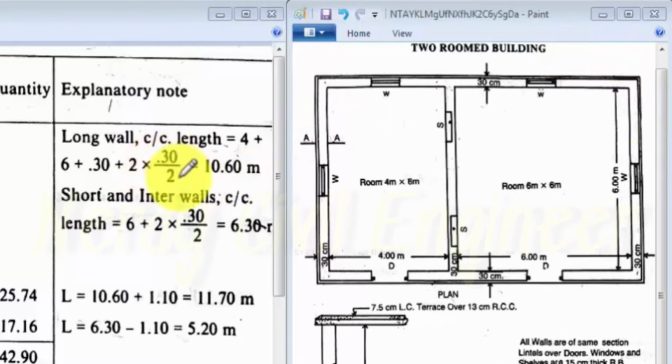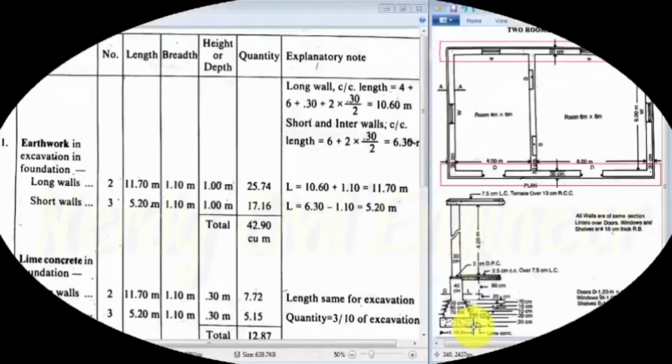Long walls, mind it, long walls. Plus there is a wall in the middle, a separation wall, which touches both the long walls. That is why we are considering the full thickness, that is 0.30, 30 centimeter, plus half from both the sides.